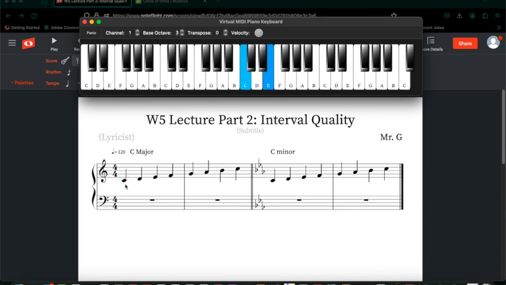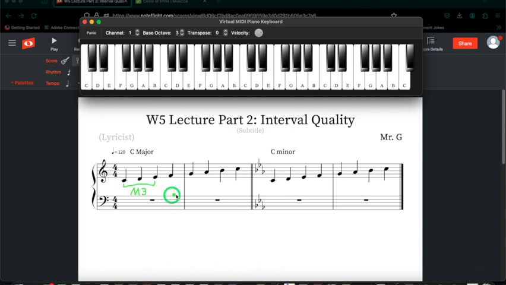We know that E is a third away from C. Because E is diatonic to C major, meaning it's just naturally occurring, this is a major third. And I'll write that in like this so we can keep track. Put a bracket, capital M to represent major, and then a 3. And that is how you write an interval. It's quality followed by a number.